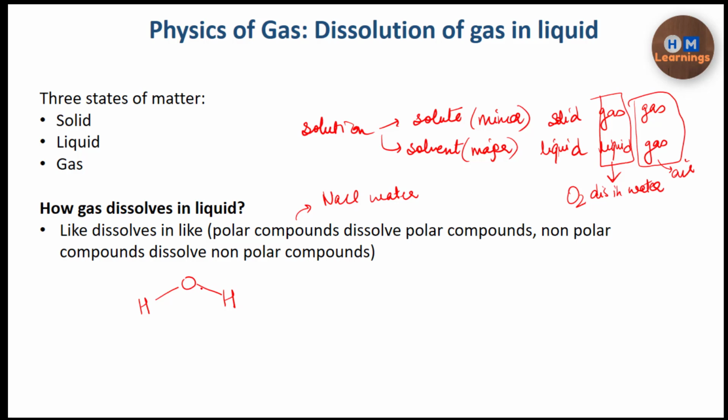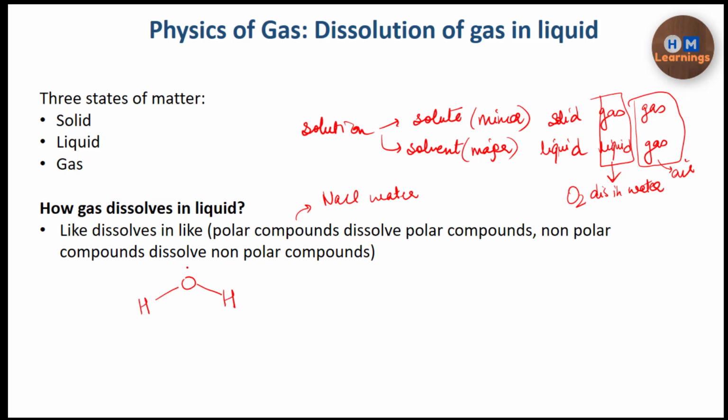This is a polar compound because there is a difference in electronegativity between oxygen and hydrogen. Electronegativity is defined as the strength of pulling electrons towards the atom. Oxygen has higher electronegativity, which means it has higher strength to pull the electrons towards itself.